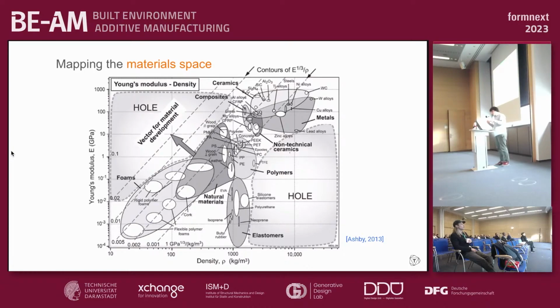So Ashby, with others, proposed to expand this material space by playing on geometry. In this case, it would mean going to the upper left corner, which means very stiff and very light materials, to have enhanced properties for fulfilling some kind of mechanical function, in this case, making very stiff and very light components.